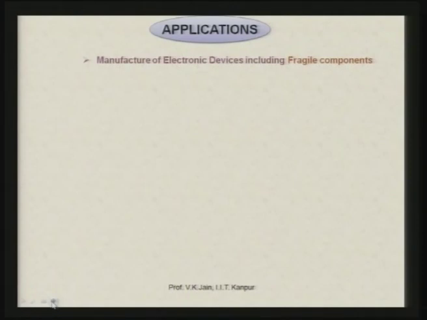Applications: it is very much applicable in the manufacture of electronic devices, including devices made of fragile components. It is very good in deburring of plastics, nylon, Teflon parts and other similar parts, which may be made up of very hard materials or even soft materials.